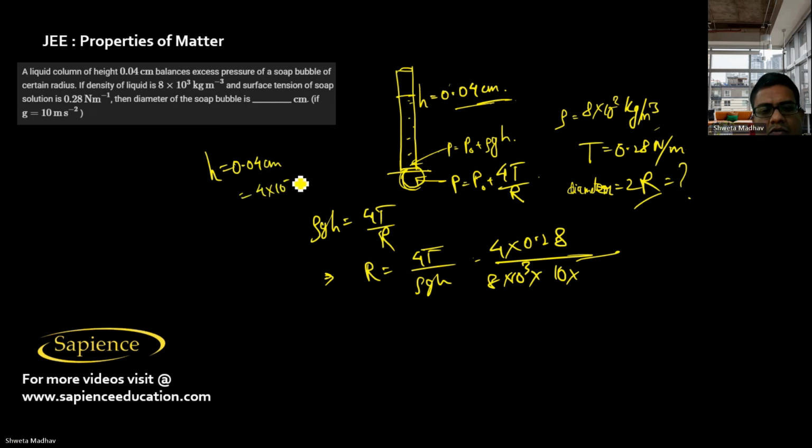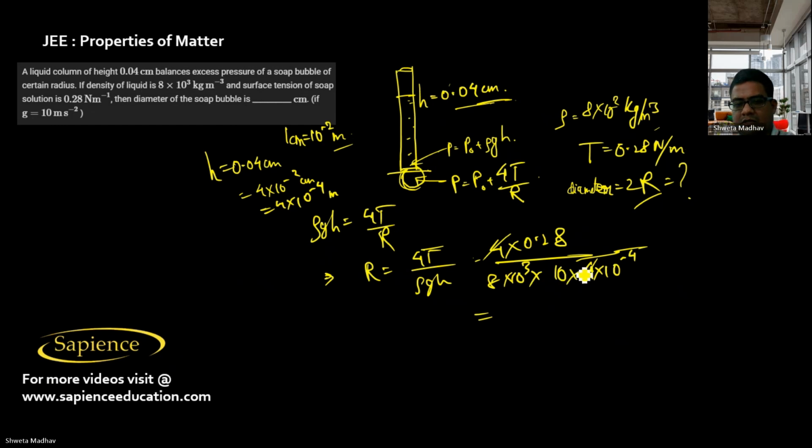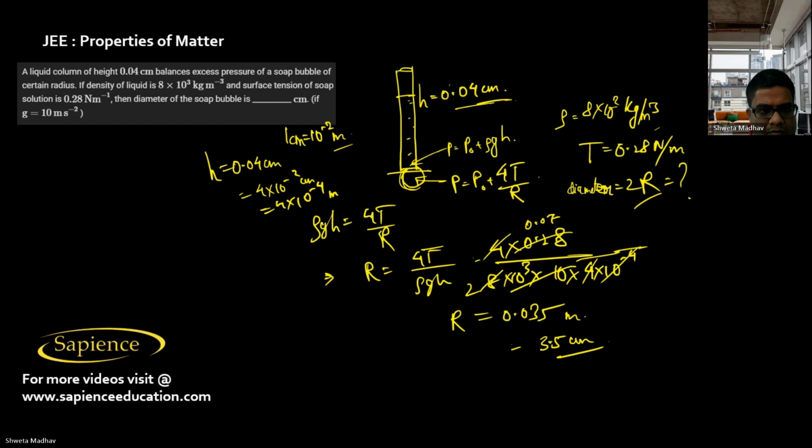Which means 4 power minus centimeter. The bubble is 3 centimeter.